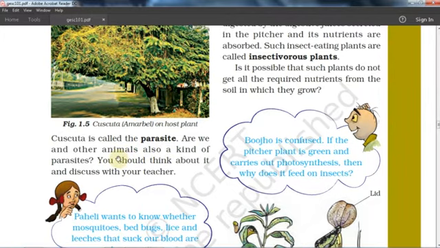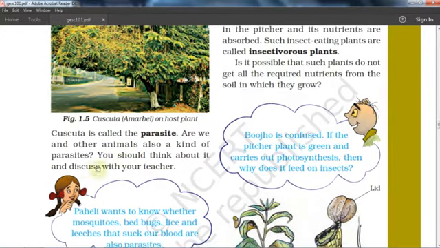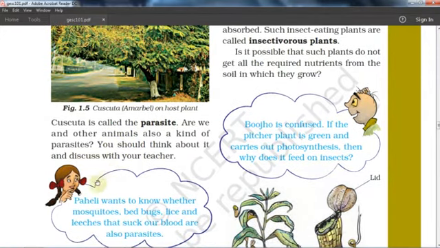What we do is take up food and fill our stomach, like ingestion. That is why our mode of nutrition is called the holozoic mode of nutrition. So you should think about it and discuss with your teacher, as we had discussed already.